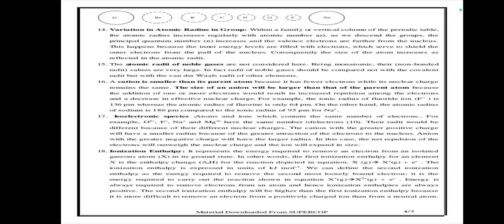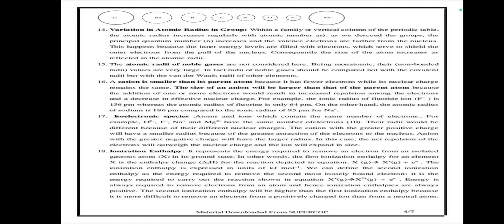The cation is smaller than its parent atom because it has fewer electrons, while its nuclear charge remains the same. The anion will be larger than the parent atom because the addition of one or more electrons would result in increased repulsion among the electrons and a decrease in the effective nuclear charge.